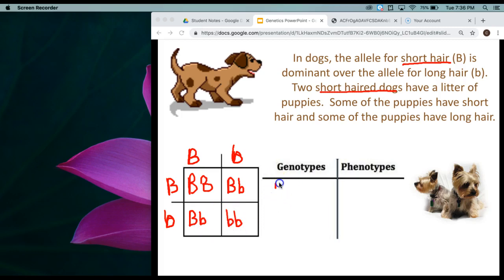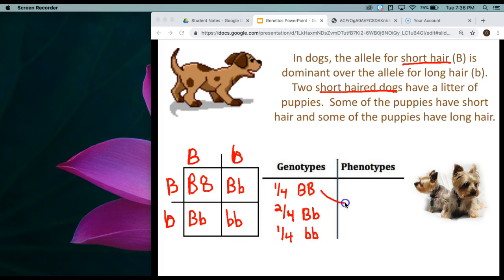Genotypes. 1/4 B, B. 2/4 heterozygous. 1/4 homozygous recessive.